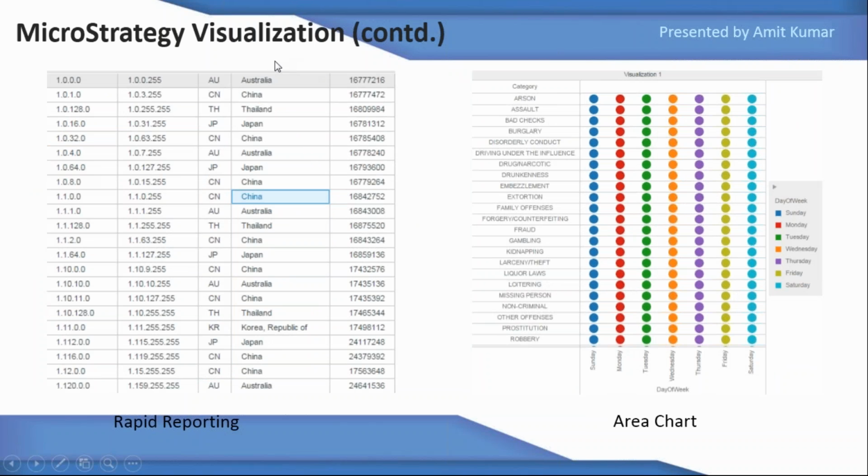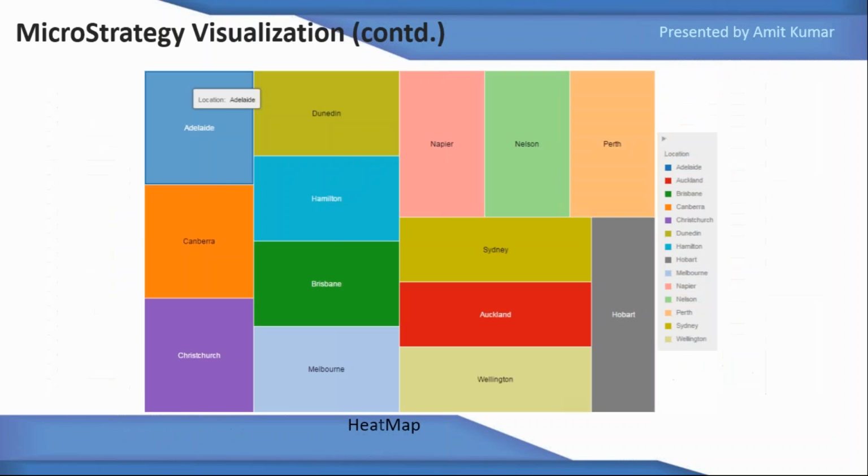This is very normal reporting, called a matrix or a table. Here's the area chart that can be plotted differently, just like bubbles. This is called a heat map, which is one of the most common charts available in all other BI tools and MicroStrategy as well.